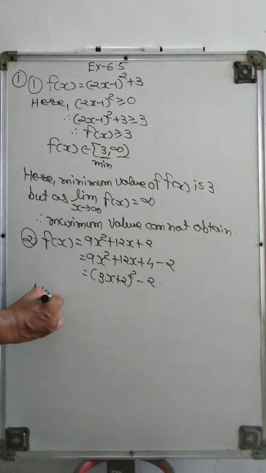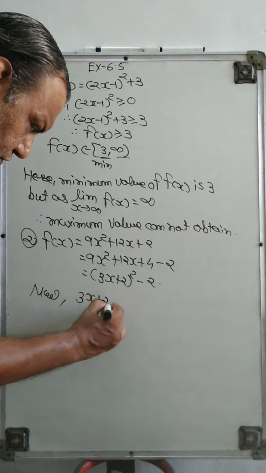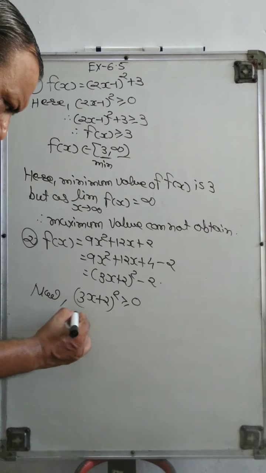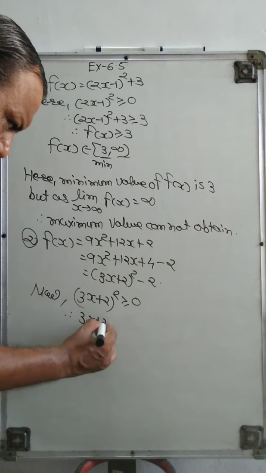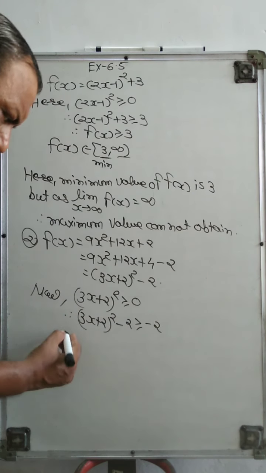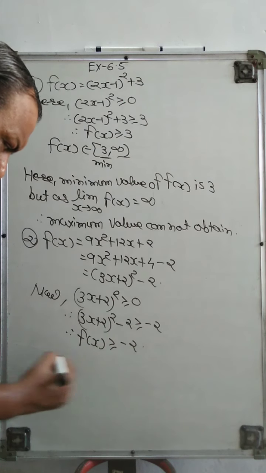Now (3x plus 2) whole square is greater or equal to 0, and therefore (3x plus 2) square minus 2 is always greater or equal to minus 2, means f(x) is greater or equal to minus 2.